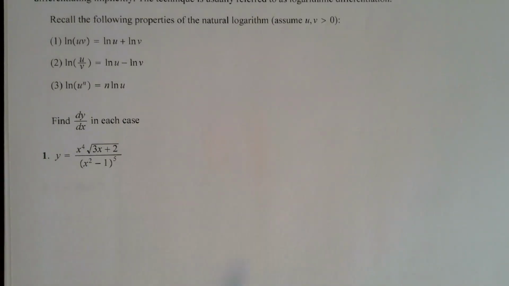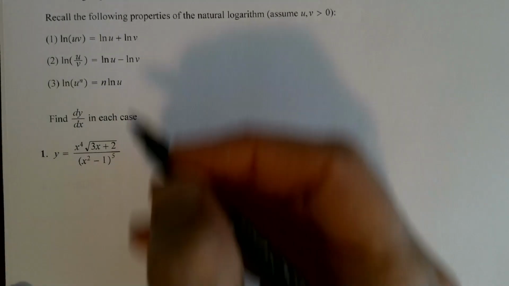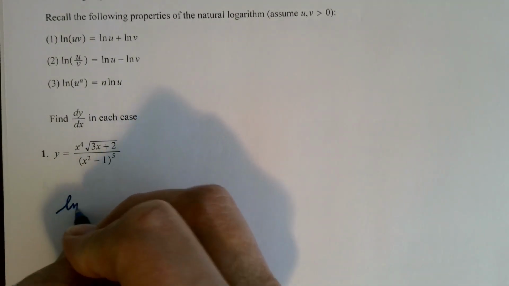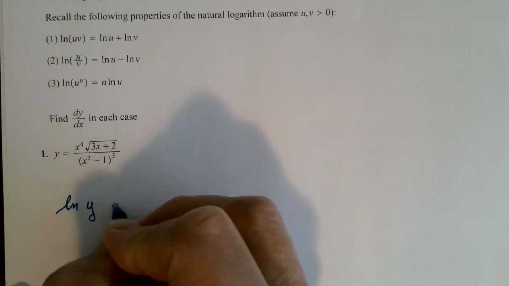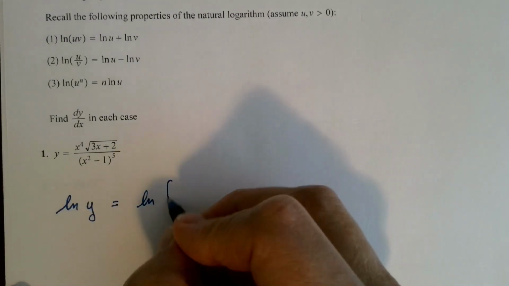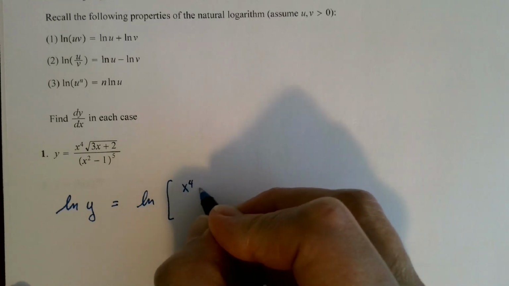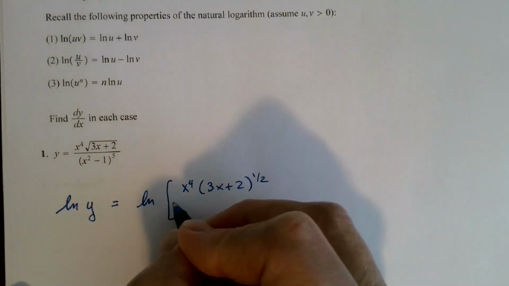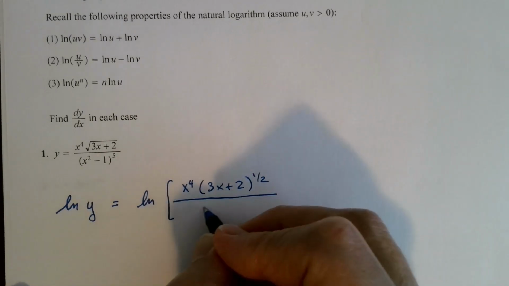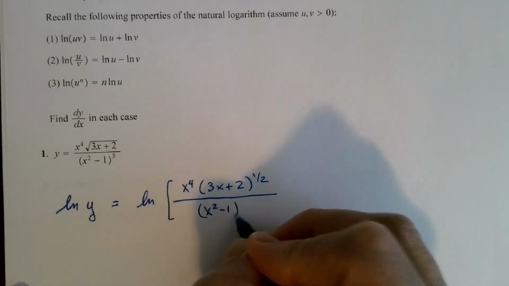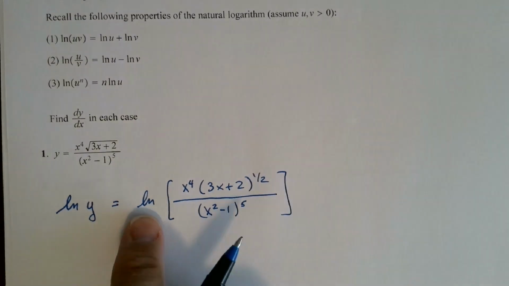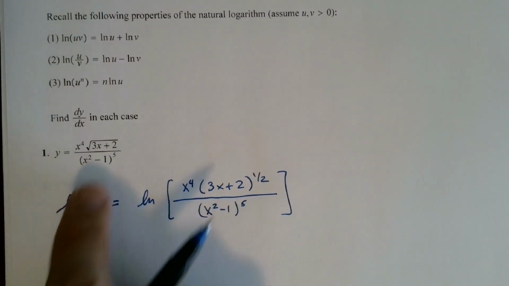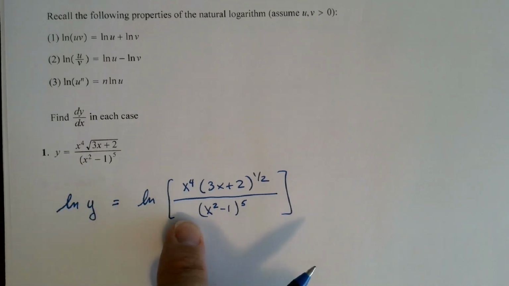Okay, now we've got a little bit of algebraic work to do here using these properties. So what I'm going to do is take the natural log of y, which would be the natural log of all this stuff, and I'm going to write the 3x plus 2 square root as the 1/2 power, and then we have x squared minus 1 to the fifth power down here. So when I take the natural log of this expression, since both of these things are equal, their logarithms are the same, so that's where we're at.